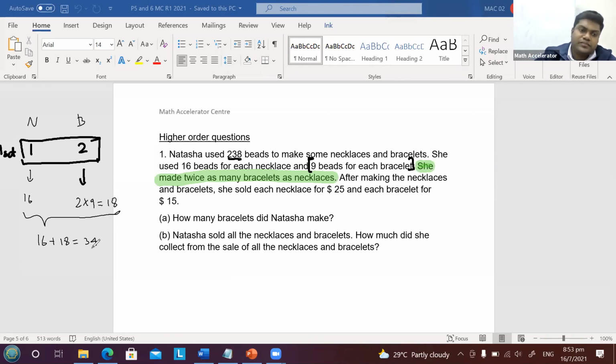Okay, good. So if one set has 34 beads, and I have 238 beads altogether, how many sets will that be? Can you type in the chat?